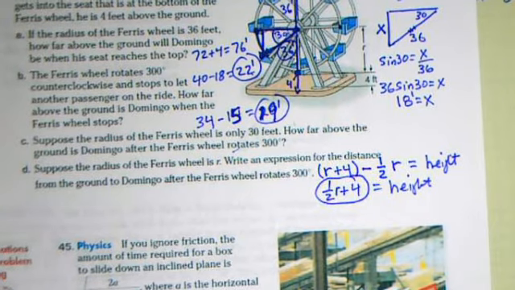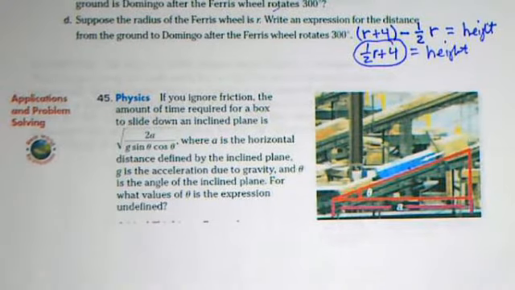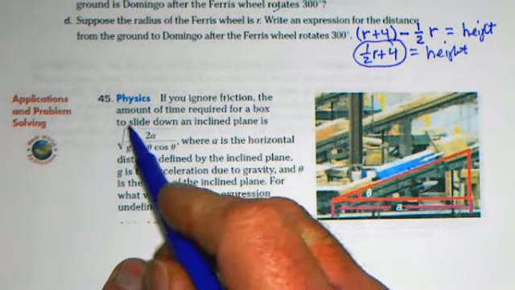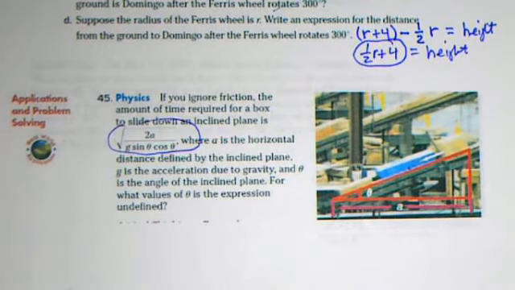Okay, let's look at 45. This equation, or relationship, gives us the time that it takes for a box to slide down an inclined plane based on the angle, and it's neglecting friction, and where a is the distance of the plane.